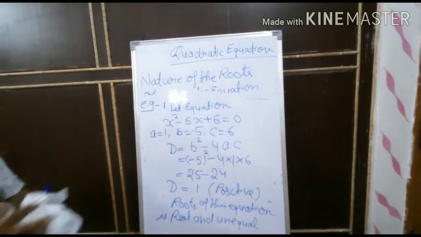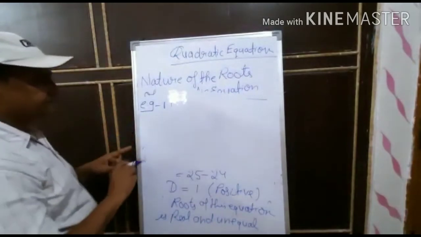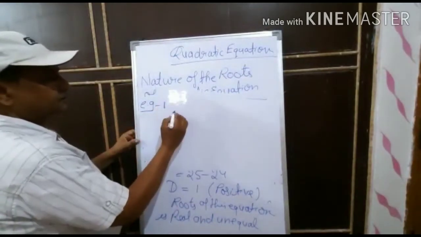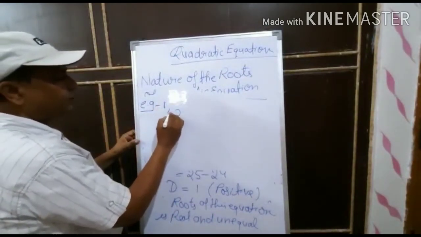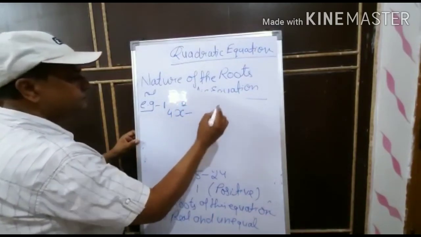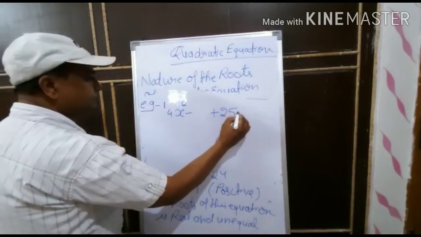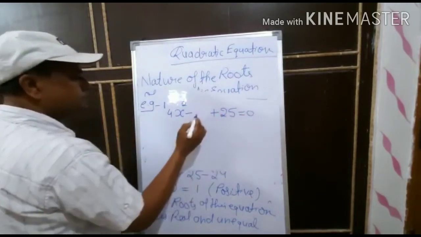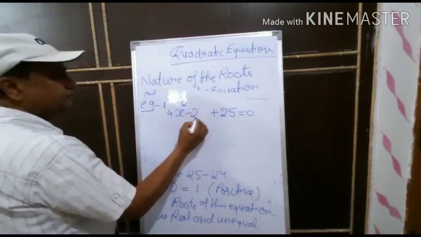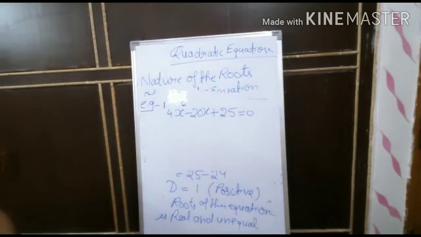Now we take some other example. 4x square minus 20x plus 25.